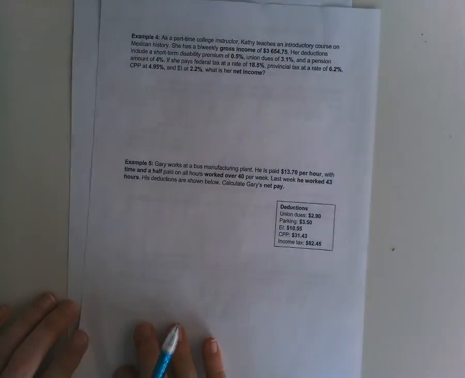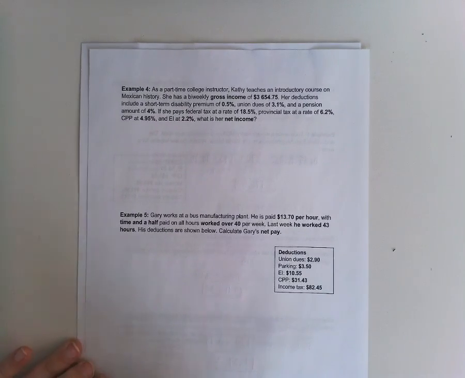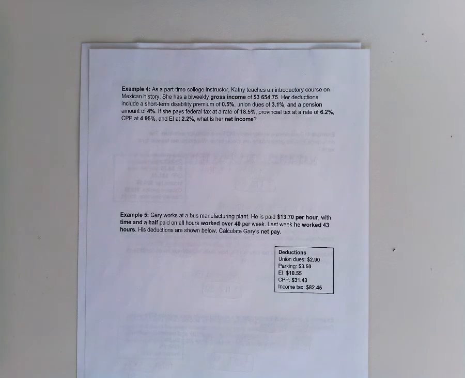If we look at the next page, we're going to put more of these calculations together. So, in this question, it says, as a part-time college instructor, Kathy teaches an introductory course on Mexican history. She has a bi-weekly gross income of $3,654.75.